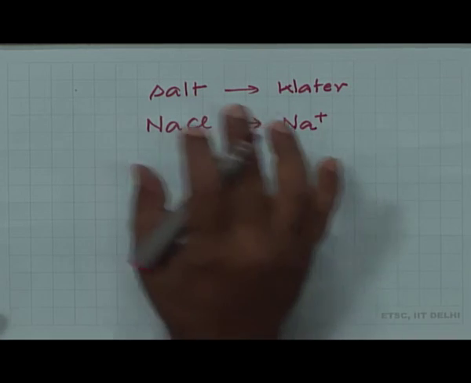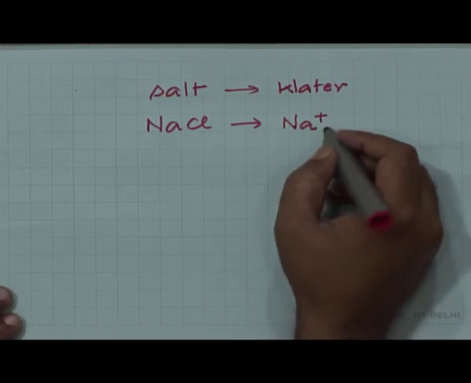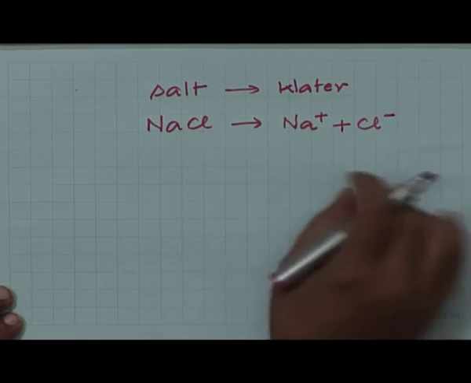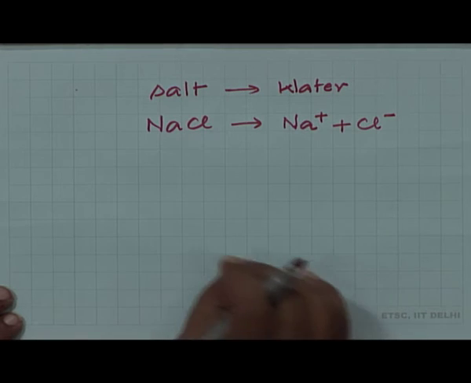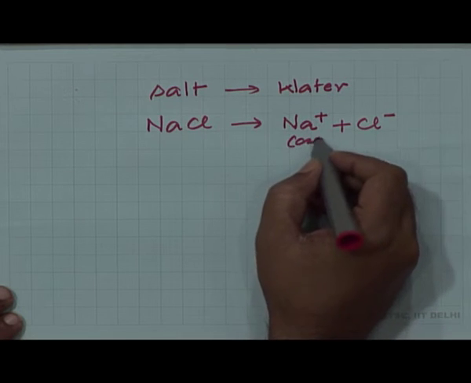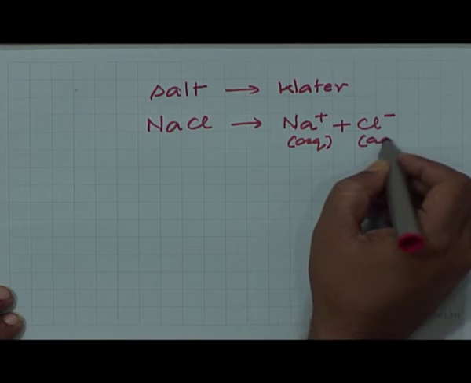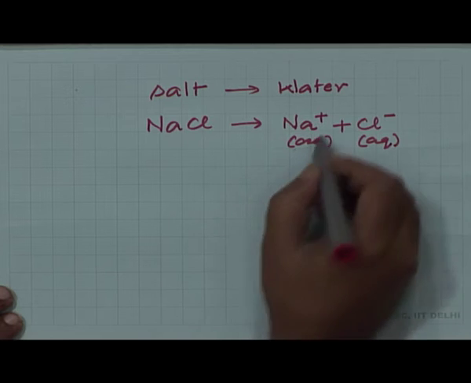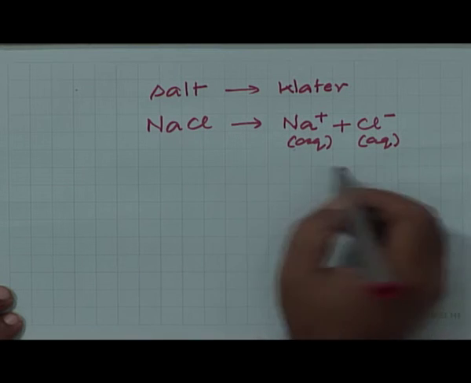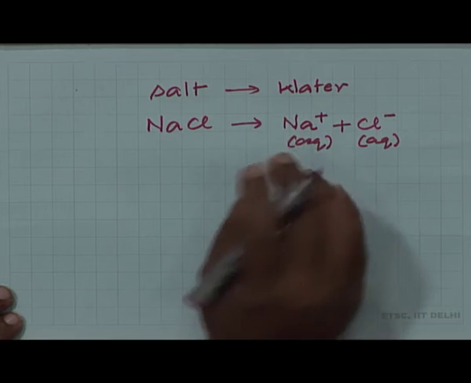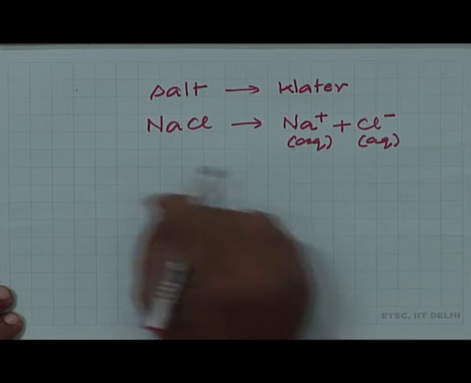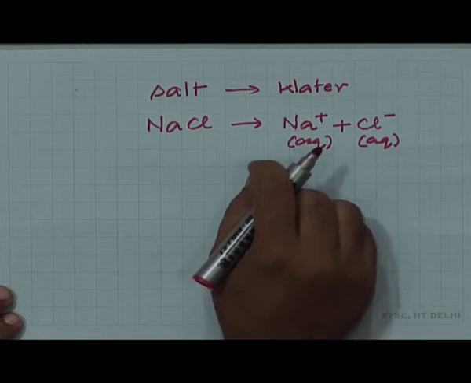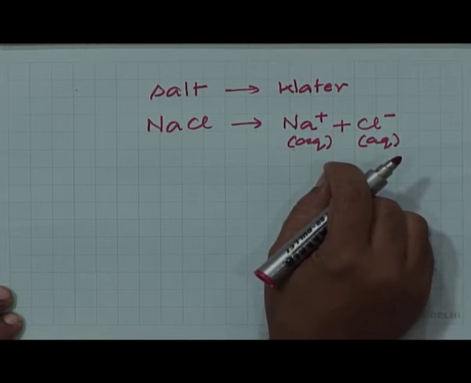If I put sodium chloride into water, what I will get is Na plus plus Cl minus. This is almost complete dissociation. These are hydrated sodium ion and hydrated chloride ion, they will form in equal amounts, 100% dissociated. So, you can see that in this reaction neither H plus nor OH minus is formed.